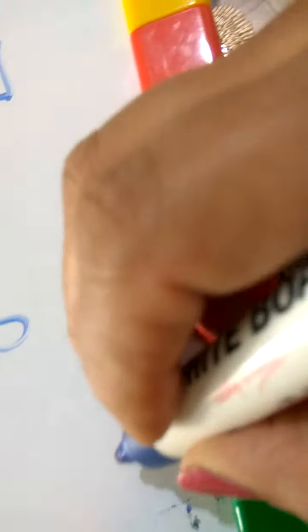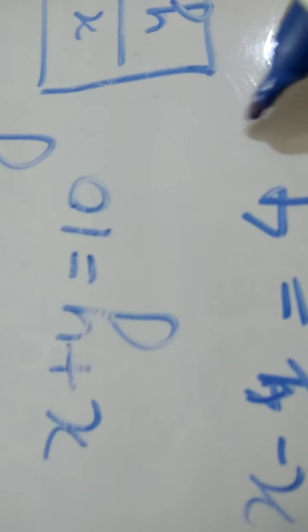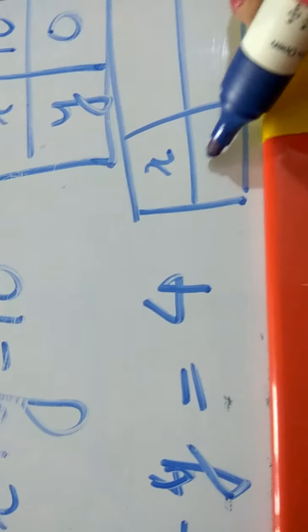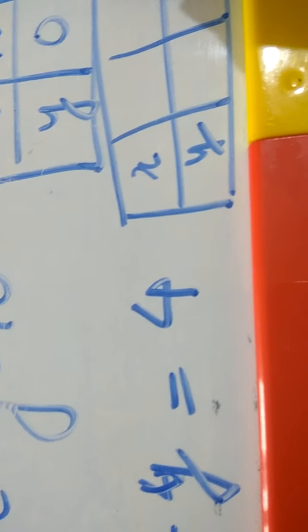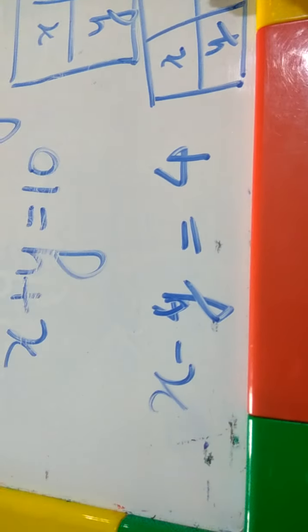Now the second equation is x minus y equal to 4. Let's see what values we get for this. If I put y to be 0, x comes out to be 4.